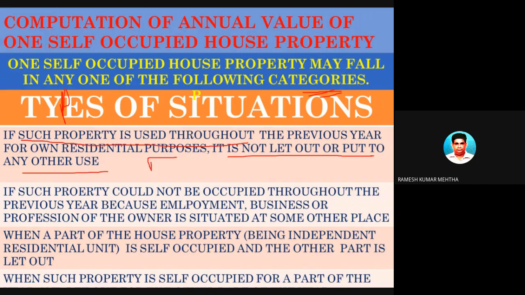So this is the house property and this is the owner. The owner is occupying this house property during the year for his own residential purpose. Neither has he let it out nor put it to business use or any other use. So this is the first situation.